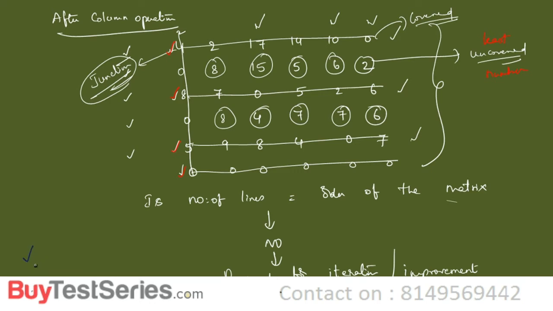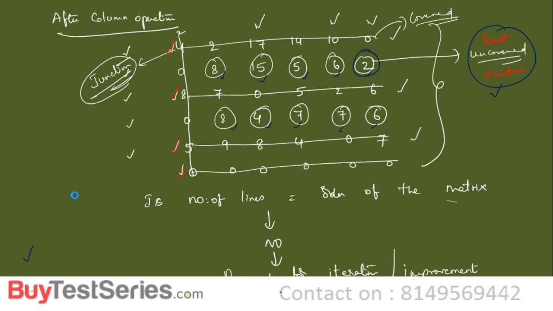We need to select the least uncovered number. These are all uncovered numbers, right? 8, 15, 5, 6, 2, 8, 4, 7, 7, 6. What is the least uncovered number? 2. Correct? Take the least uncovered number and reduce it from all the uncovered numbers.